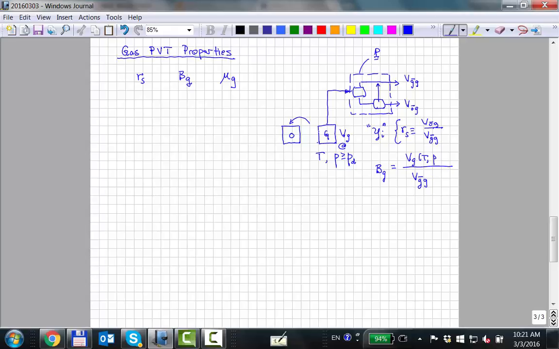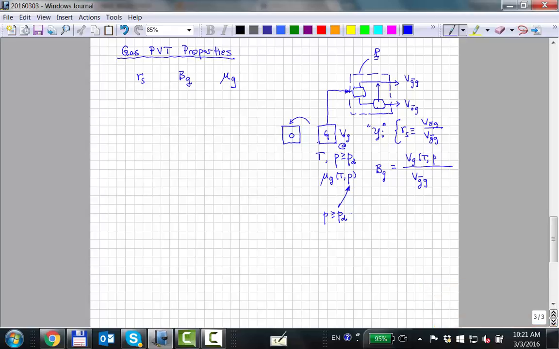And then while the gas is down here at temperature and pressure, we can measure its viscosity, or calculate it at temperature and pressure. That pressure where we can measure or calculate gas viscosity would be at any pressure greater than or equal to the dew point.